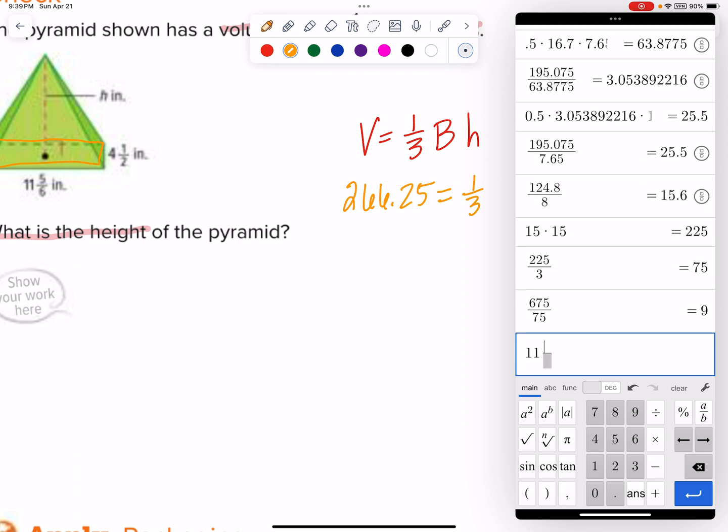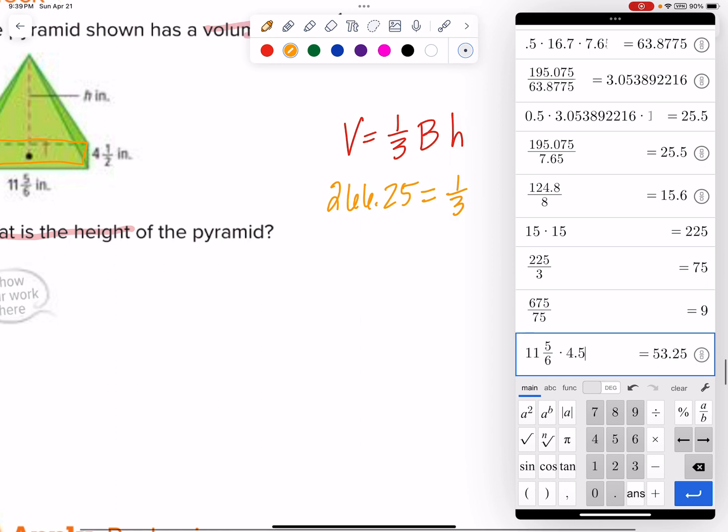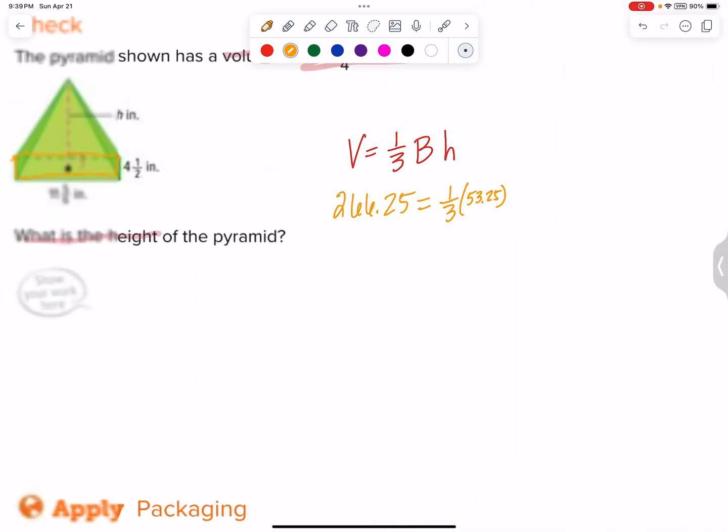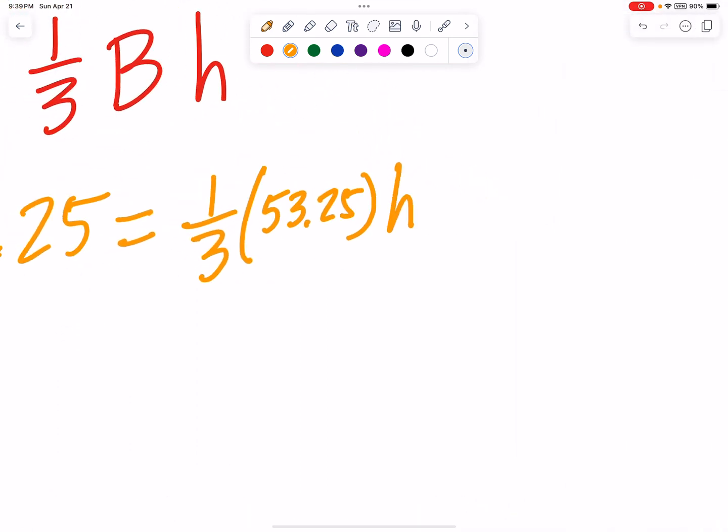So 11 and 5/6 times 4.5. All right, and that didn't turn out too bad. So area of our base is 53.25. And do we know the height? Nope, we don't know the height, so that's going to be our h.